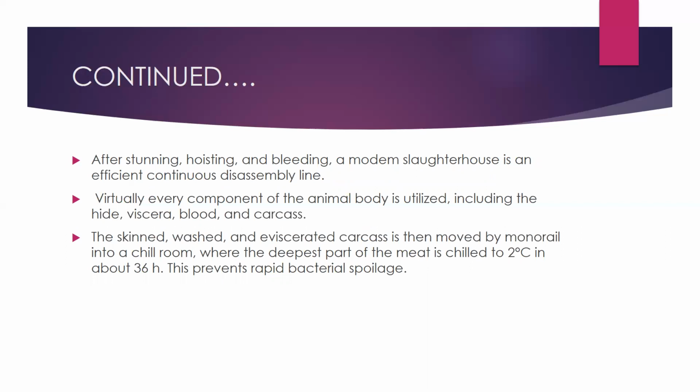This is done to prevent rapid bacterial spoilage. As we all know, meat is highly nutritious, so it would be attacked by bacteria. Therefore, in order to prevent spoilage, as soon as the carcass is washed and eviscerated, it is moved to the chilling room where the temperature is maintained at 2 degrees Celsius for 36 hours.